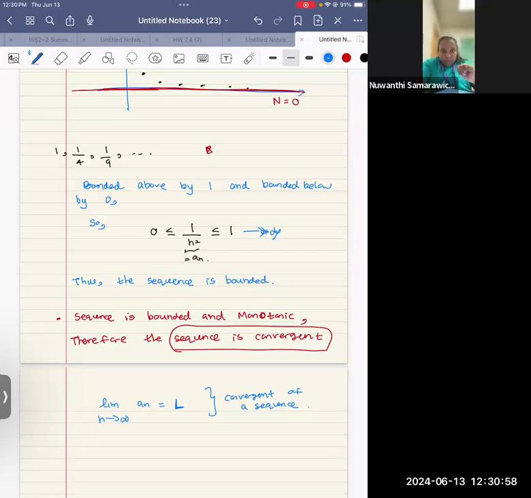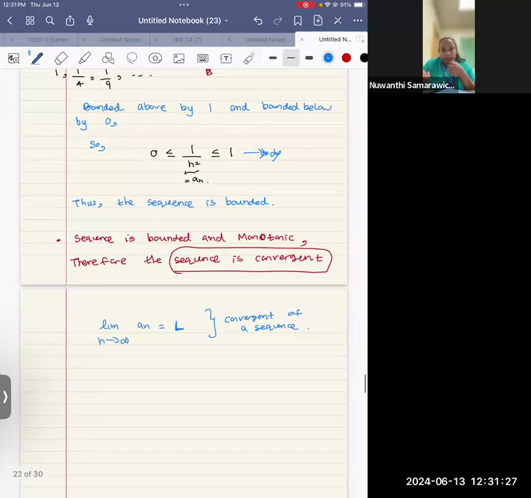There is a question in the chat box: does it always have to have an upper and a lower bound, or can it have one bound? If there is only one bound, that means it is not bounded, so this is not true. To be a convergent sequence, it should be bounded. Bounded means upper and lower bound, both should be satisfied. And then the sequence should be monotonic.